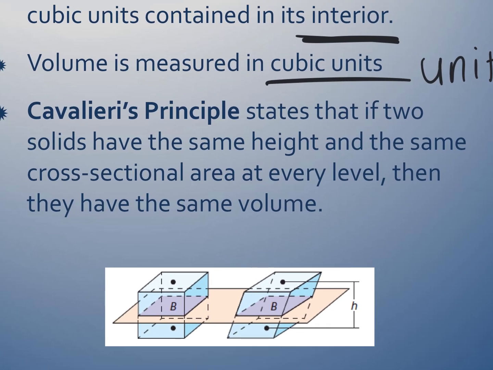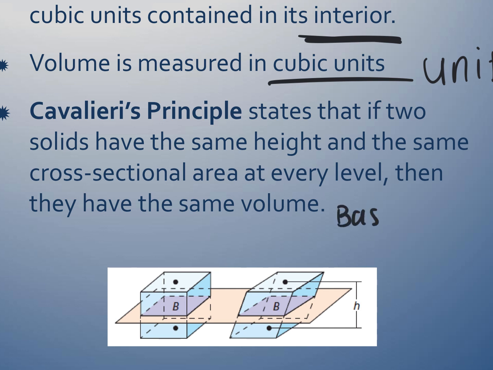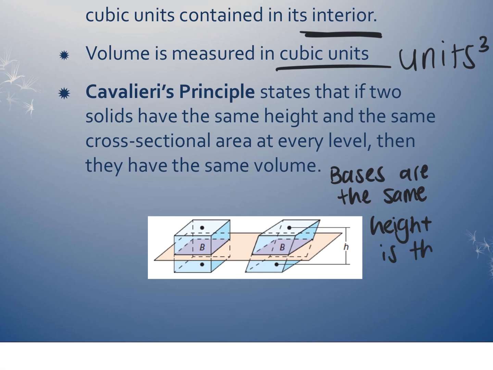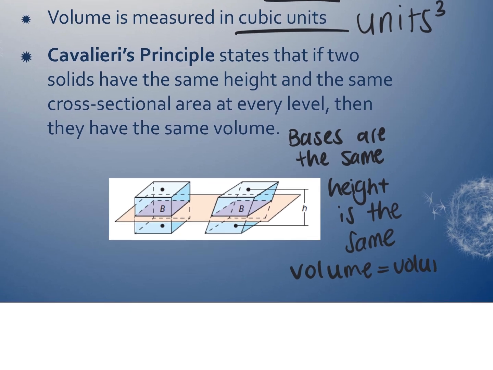That's a fancy way of saying that if the bases are the same, and the height is the same, then the volume is the same. Both. Okay? If the bases match and the heights match, then the volumes will match.